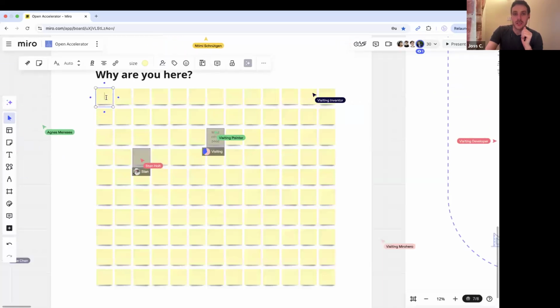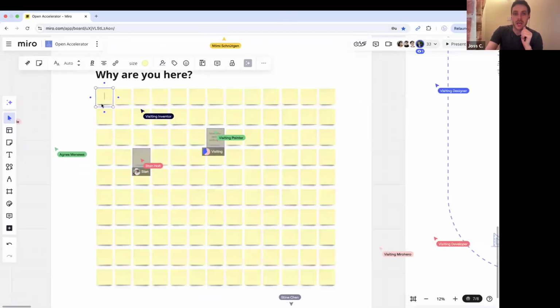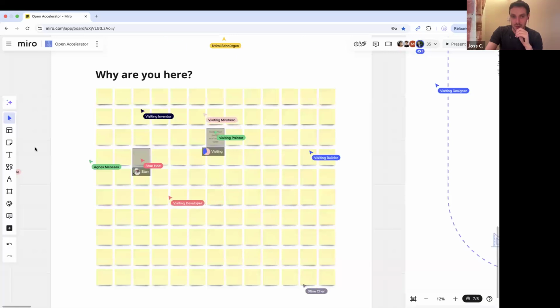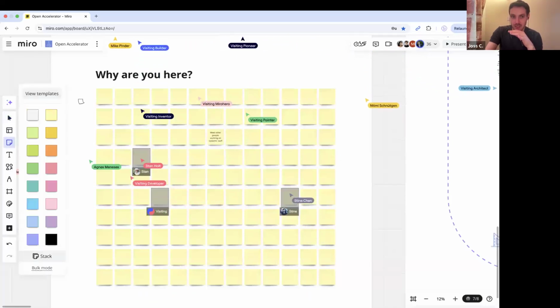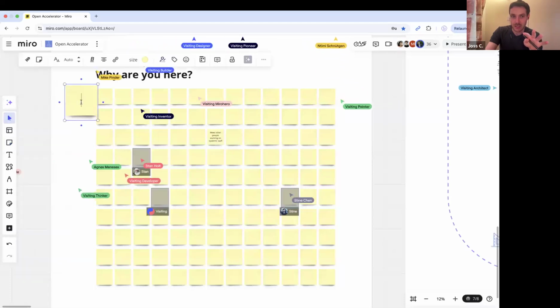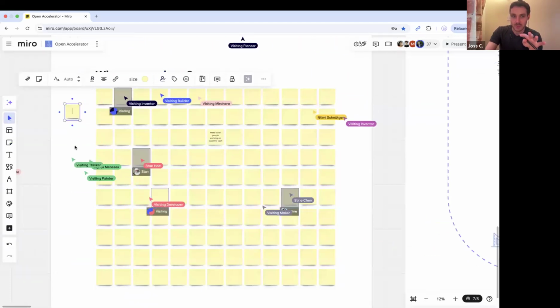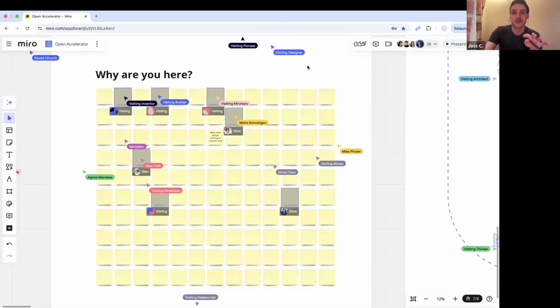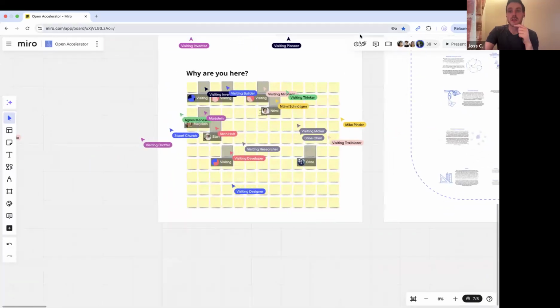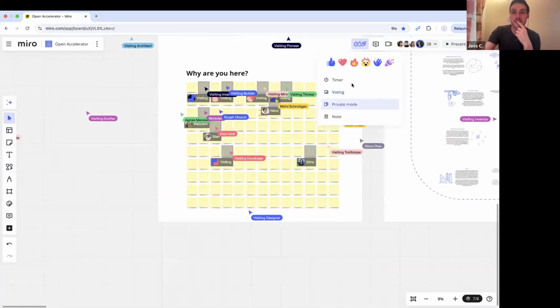All you do is click on a sticky and type in your response. As we go through, you may need to create new stickies, and you just find those on the left-hand side there, drop them down, and you can scale them and so forth. We'll just take a minute for that.